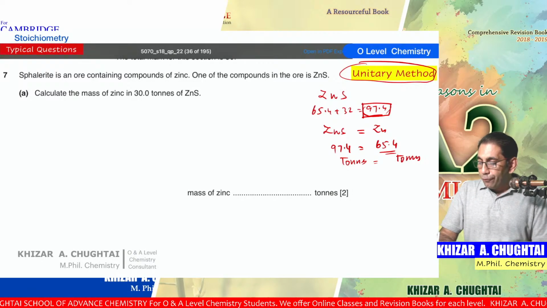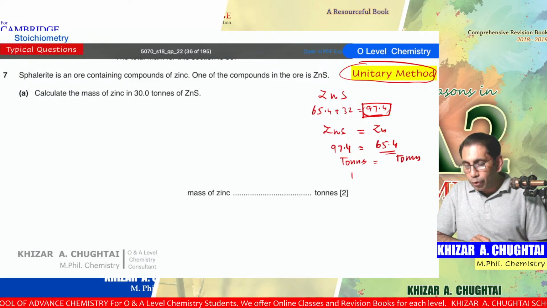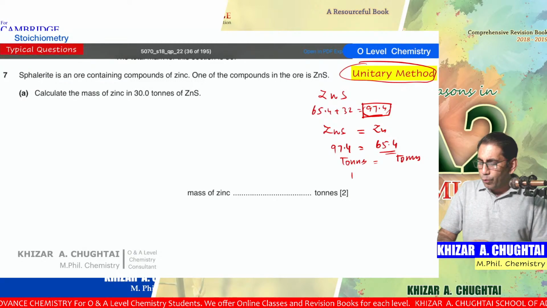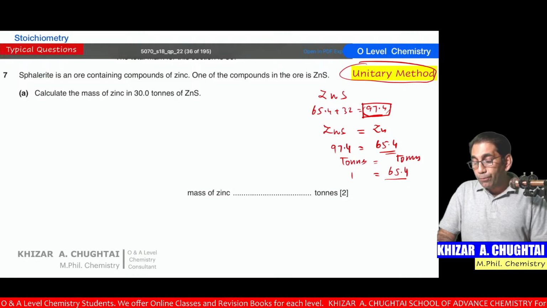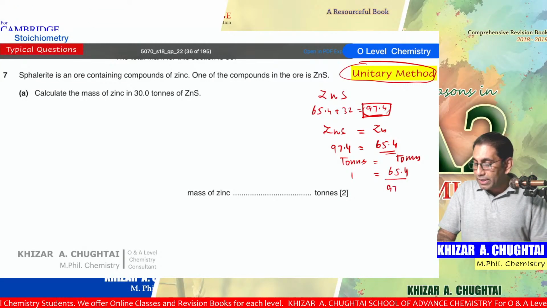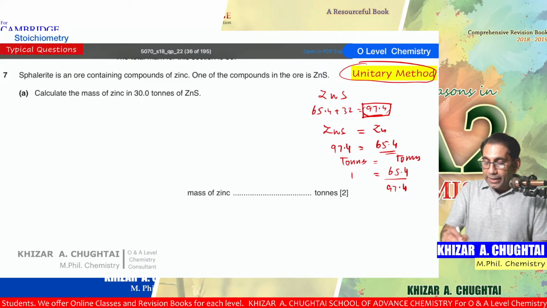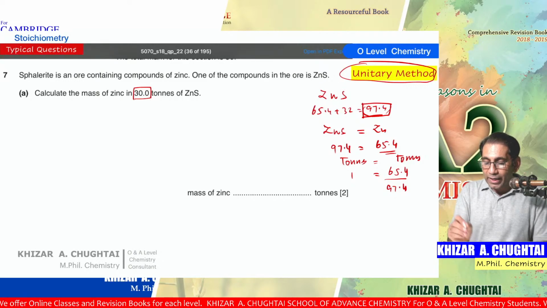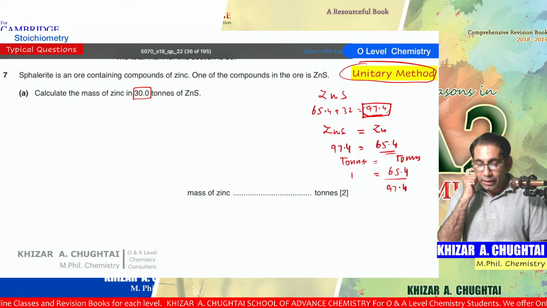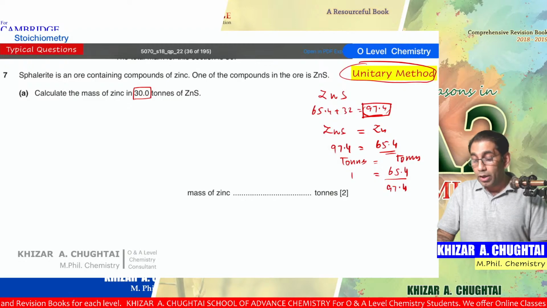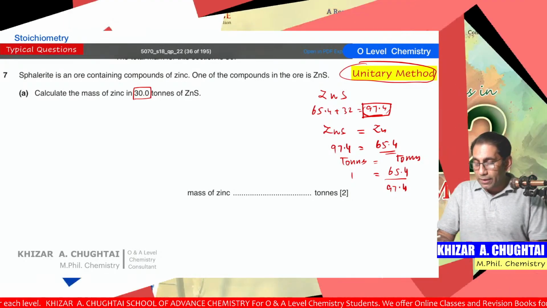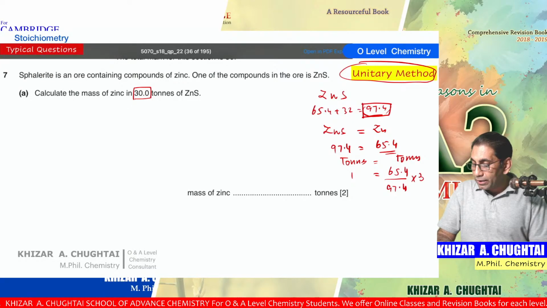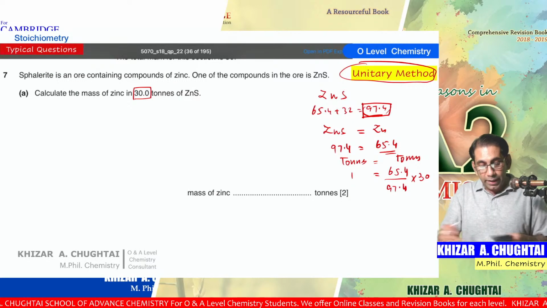Now, if we are having 1 ton, its answer will be 65.4 over 97.4. And in the recent condition, we have taken 30 tons of ZnS. So multiply this whole calculation by 30.